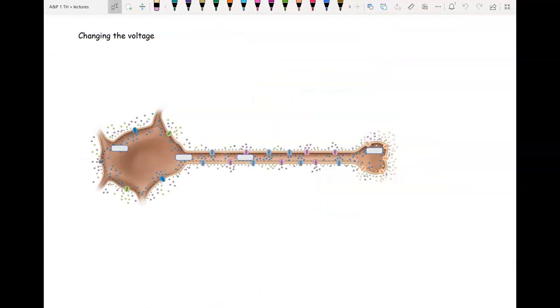Now that you know about resting membrane potential, let's see how we have a signal in a neuron. First, we're just going to focus on the axon, so the conductive segment. So from here to here. We're starting off with the whole neuron in resting membrane potential.